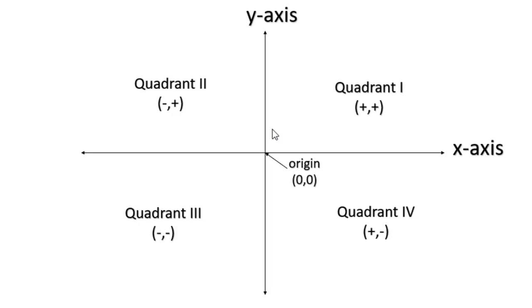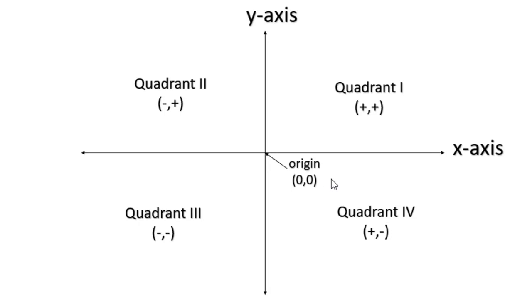The horizontal and vertical lines, typically called the x-axis and the y-axis respectively, intersect at the point of origin whose coordinates are 0 and 0.